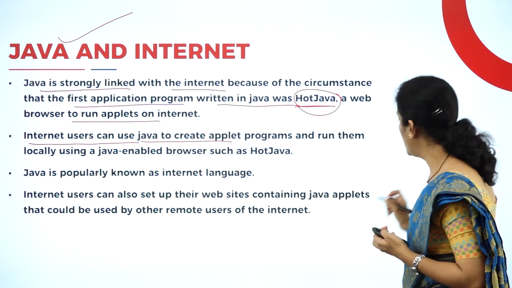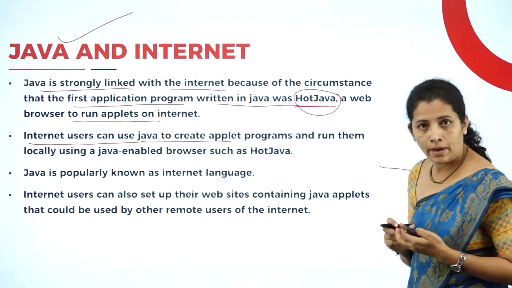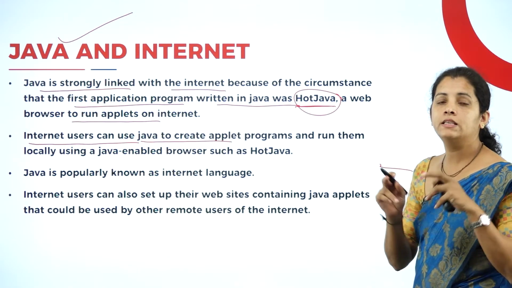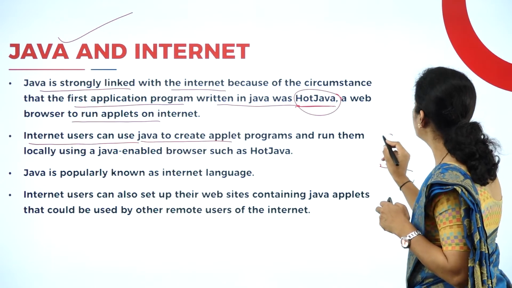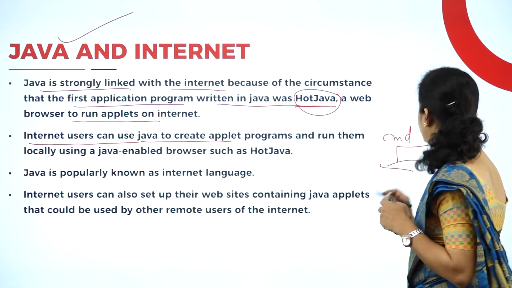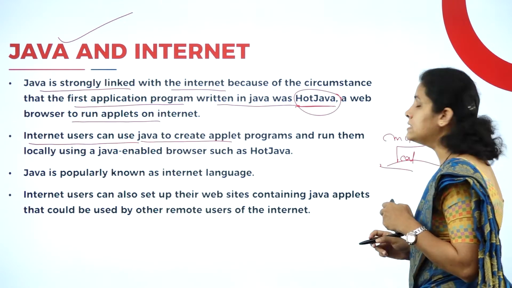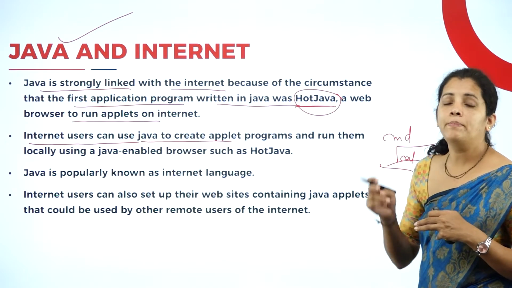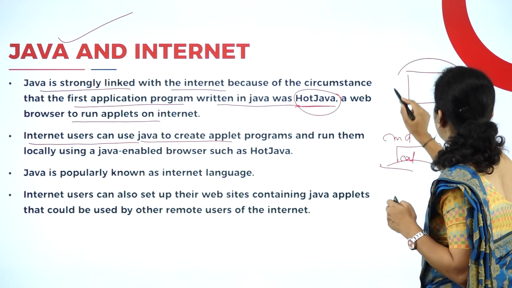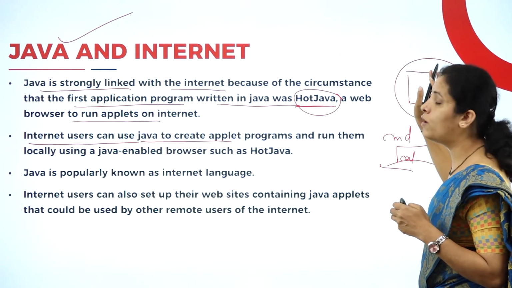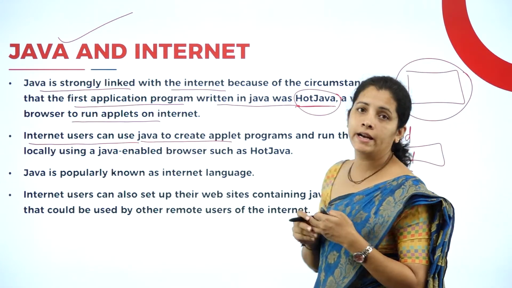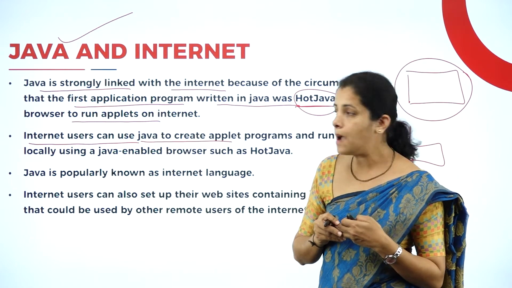I visit the start button, then in the search box I type the command and get the small command prompt, and there I type calc, that is C-A-L-C. When I press enter, I get the calculator. So these calculators are an example of an applet program. That means these calculators are created using Java applets.